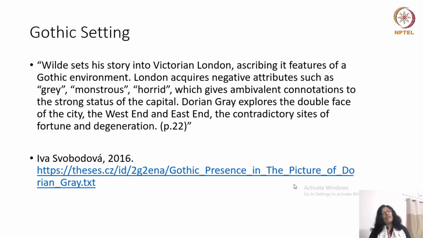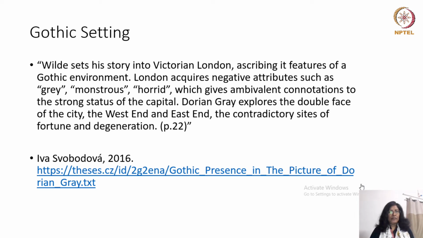Wilde sets his story into Victorian London, ascribing it features of a Gothic environment. London acquires negative attributes such as grey, monstrous, horrid, which gives ambivalent connotations to the strong status of the capital. Dorian Gray explores the double face of the city, the West End and the East End, the contradictory sides of fortune and degeneration.